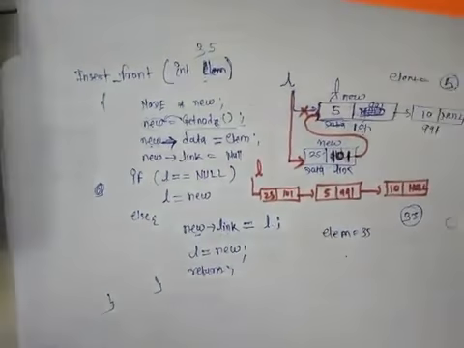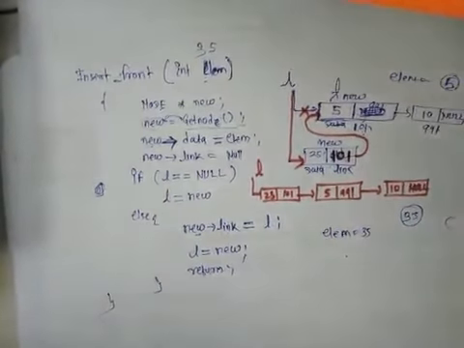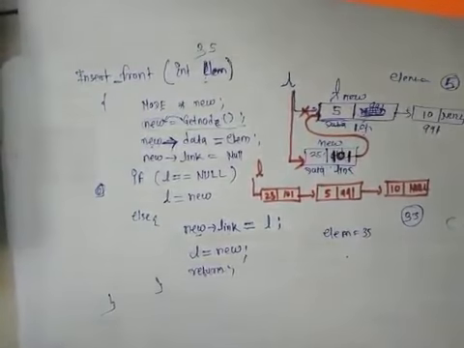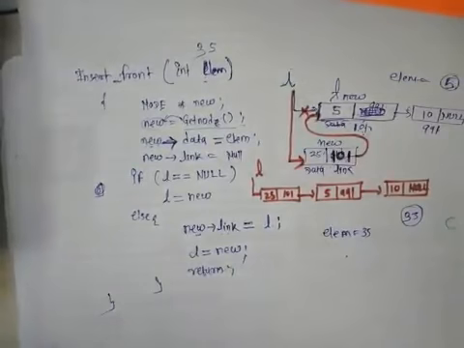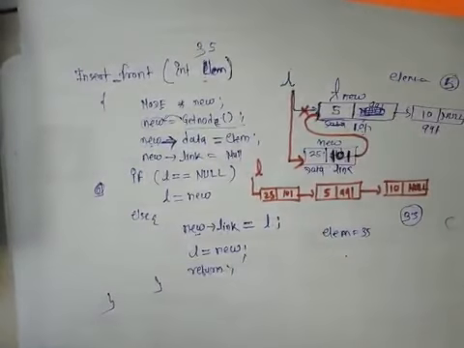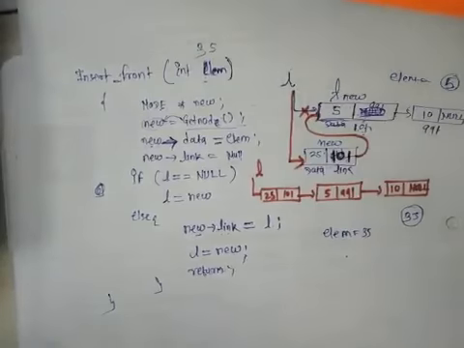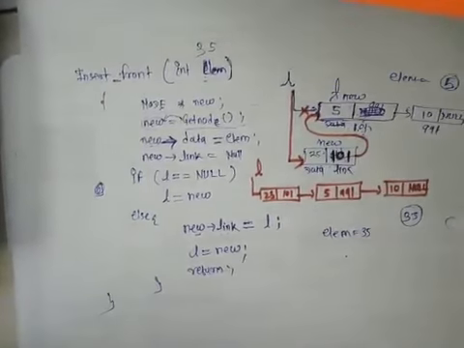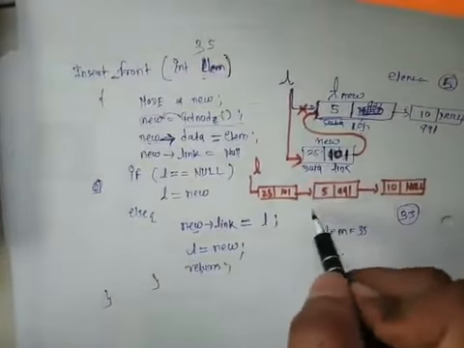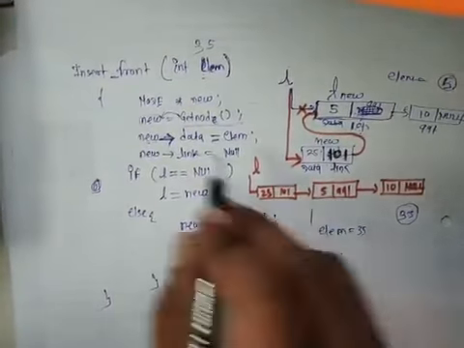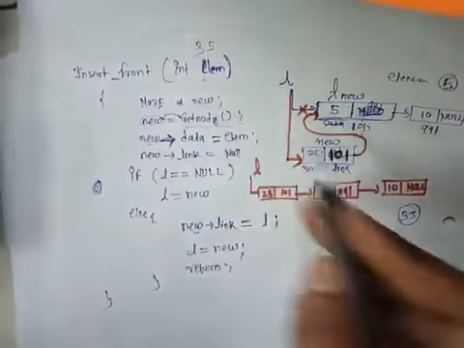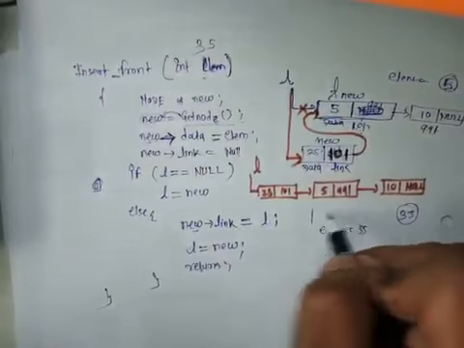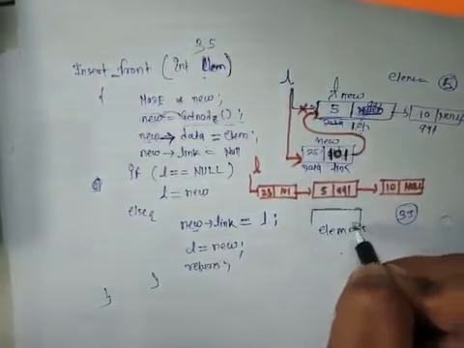I'm going to use another color marker so it will look good. Using this get node function, I allocate memory for this new node.